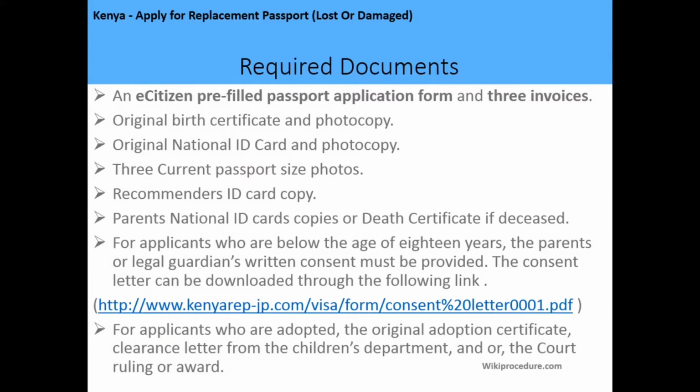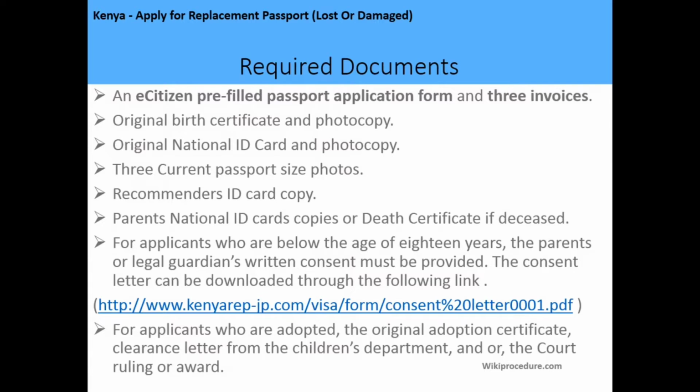The required documents are as follows: an eCitizen pre-filled passport application form and 3 invoices. We're going to look at how to get those. Original birth certificate and photocopy, original ID card and photocopy, 3 current passport size photos, recommender's ID card copy, parents' national ID card copies or death certificate if deceased.